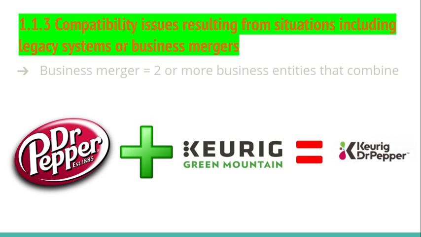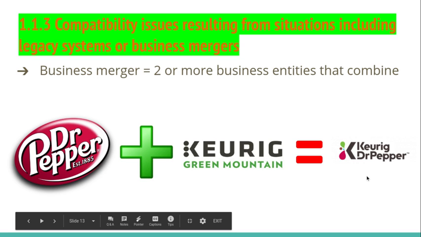Okay, business mergers. So a business merger is when two or more businesses or entities combine, right? So here's an example of one that was pretty recent. Dr. Pepper, which is a soft drink company primarily, they make some other soft drinks as well, and Keurig, which focuses on coffee, they merged together. So now they are Keurig Dr. Pepper, right?